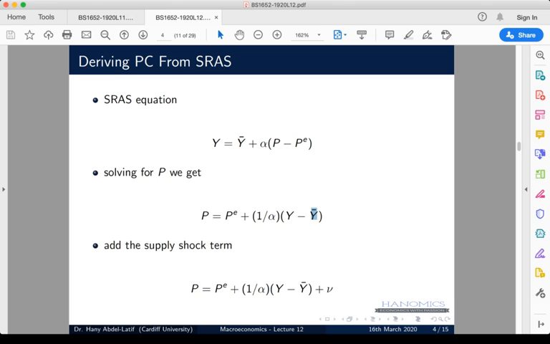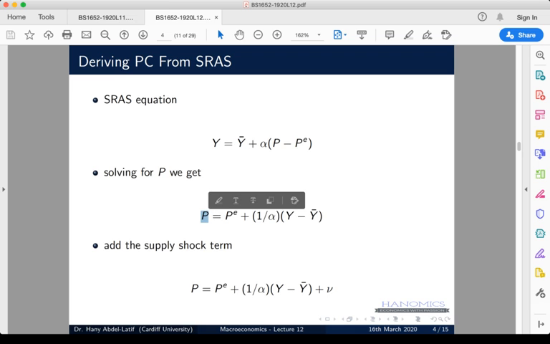This is something we explained when we talked about the aggregate demand and aggregate supply model last week. So if this is a positive gap, meaning the actual output is higher than Y bar, the full employment output level, that means we have an inflationary gap, so we push prices up, and P, the price level, will increase.